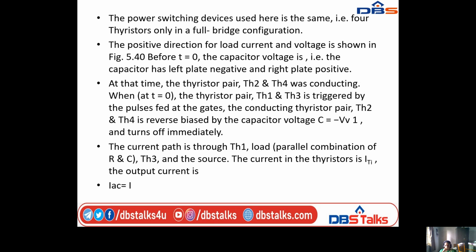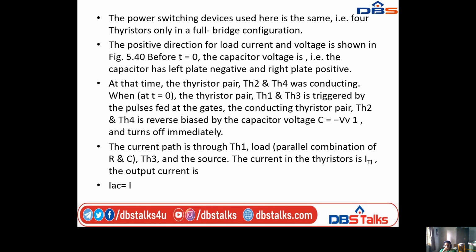At t equal to 0, the capacitor voltage is such that the left plate is negative and the right plate is positive. At that time, thyristor pair TH2 and TH4 will be conducting.